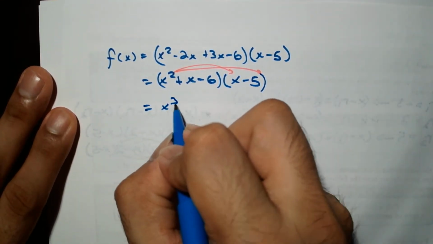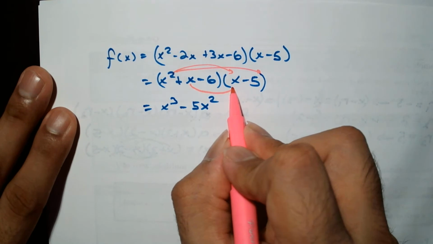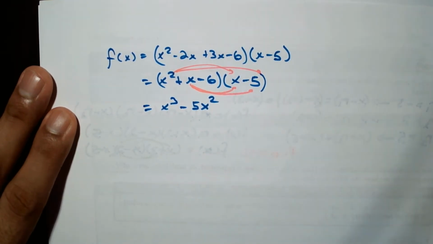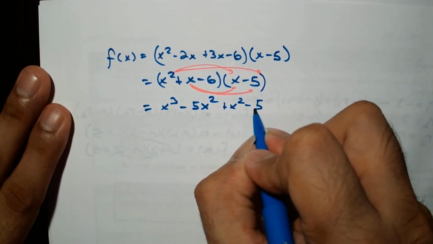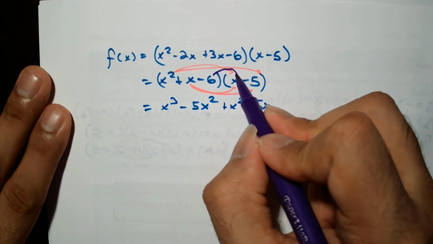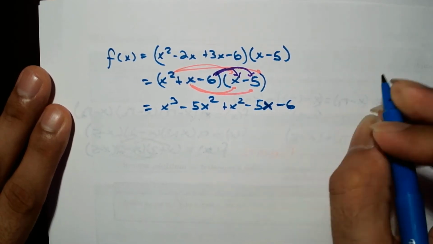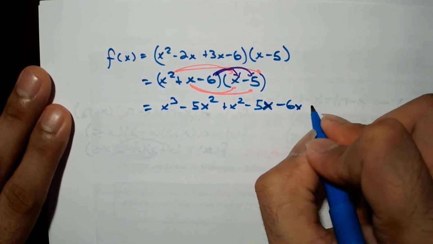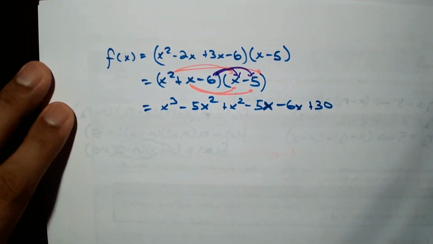So x cubed minus 5x squared, and then x times x times a negative 5 plus x squared minus 5x, and last but not least, negative 6 times x, negative 6 times negative 5, that's going to give us negative 6x plus 30. Alright, now we're not done yet.